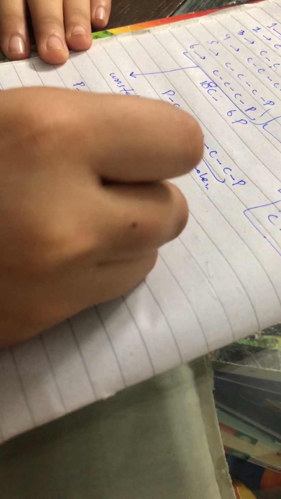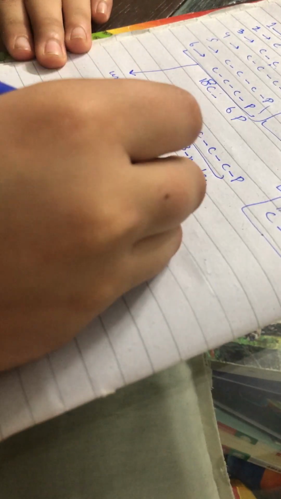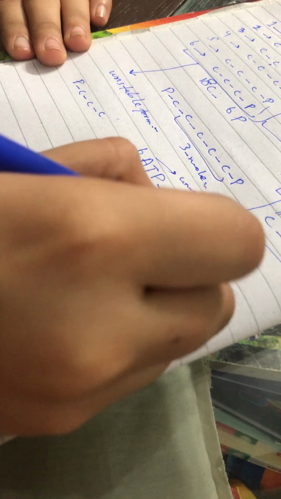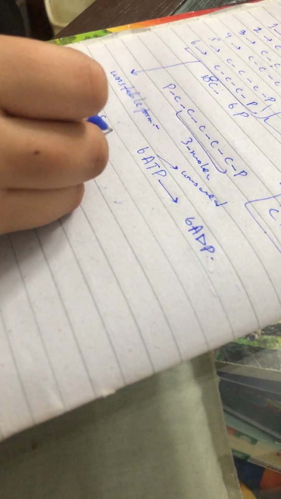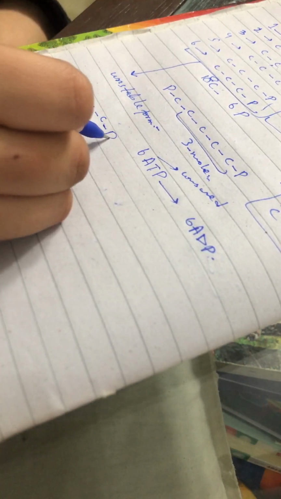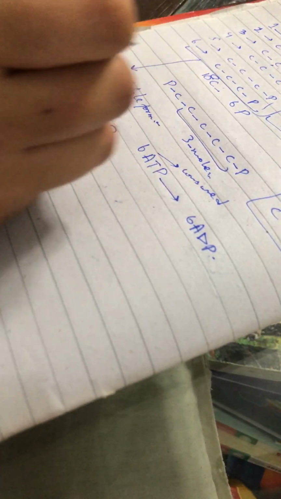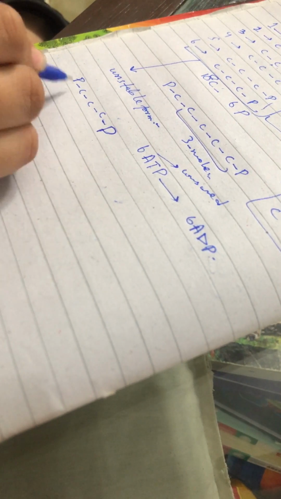Here 6 ATP will be consumed and will make 6 ADP. Because each molecule has only 1 phosphate, by adding another phosphate at this end, we will get its stable form.